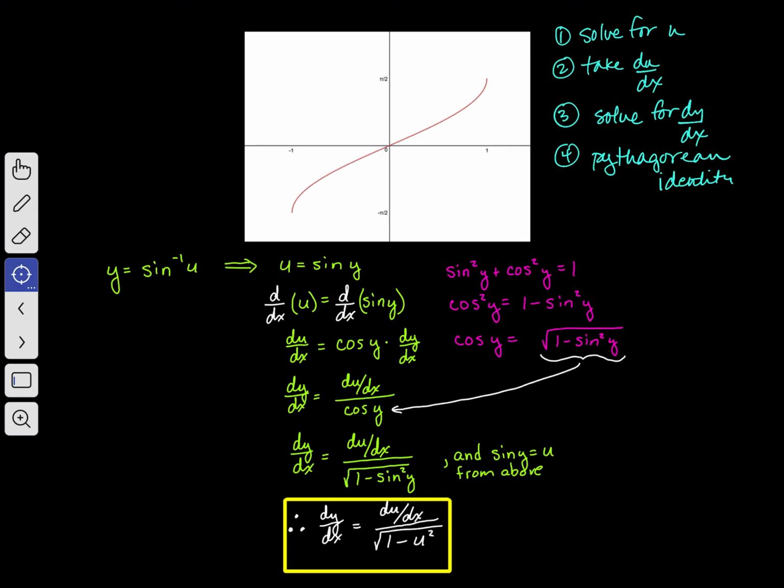And again, we're using a Pythagorean identity to make this substitution. So sine squared plus cosine squared is equal to 1. Solve for cosine squared, take the square root. Cosine y, here's the substitution. And there it is. That is your trig identity.